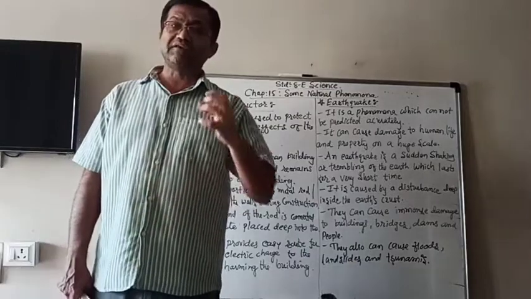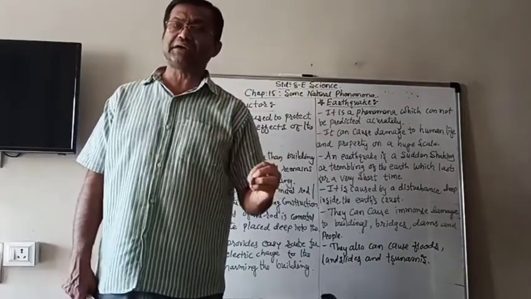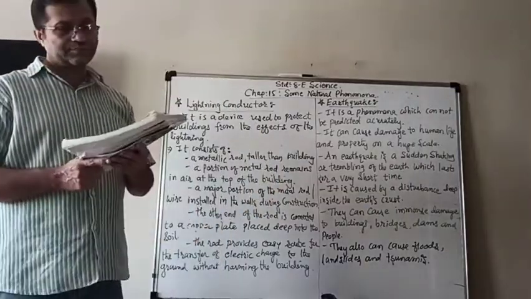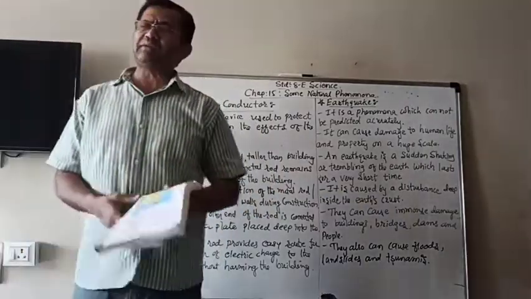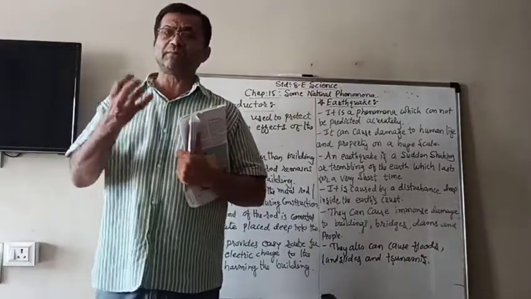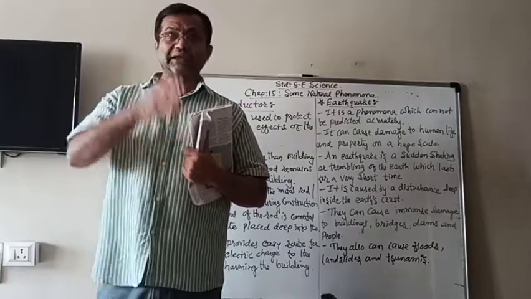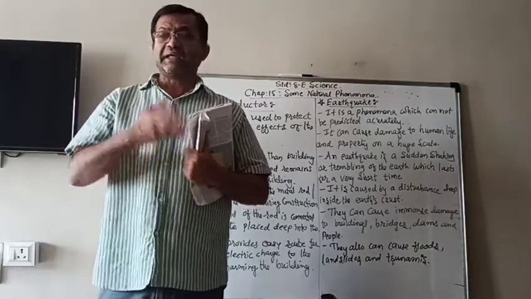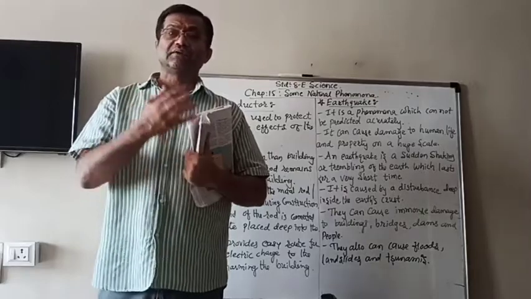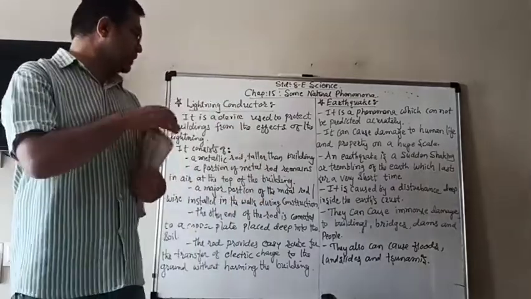Therefore we protect our building from the disaster caused by lightning. We also use metallic pipes and rods in our building when we build it, and they also help in saving it from the disaster.